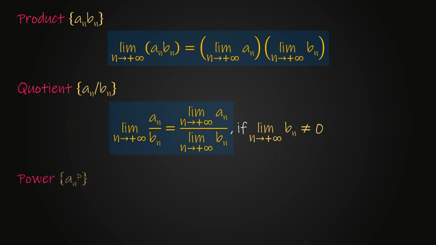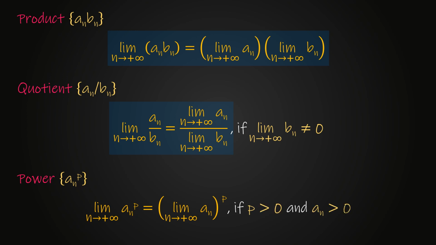Power. The limit of a power of a sequence is equal to the power of the limit of the sequence, where p is a number greater than 0, and a_n is greater than 0.